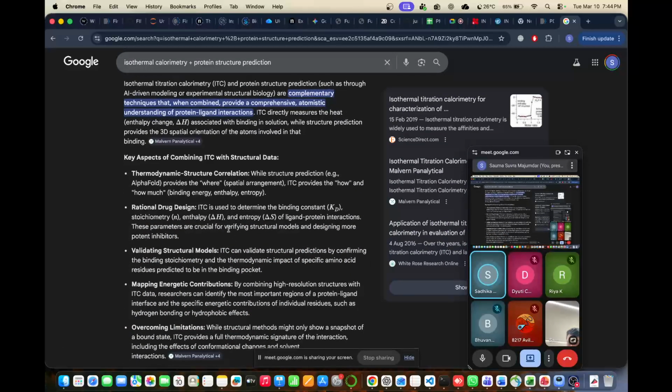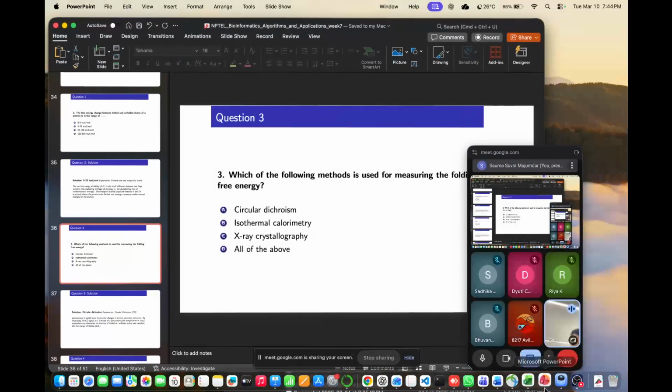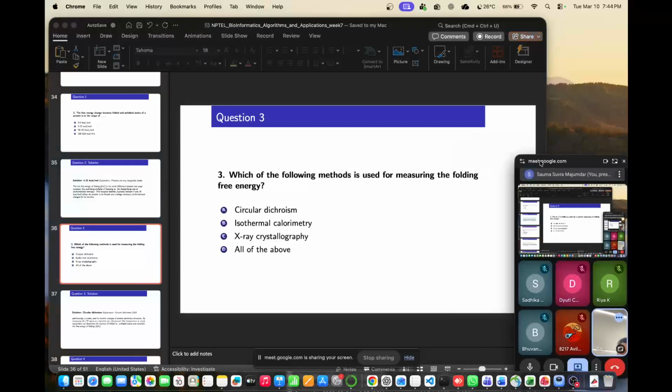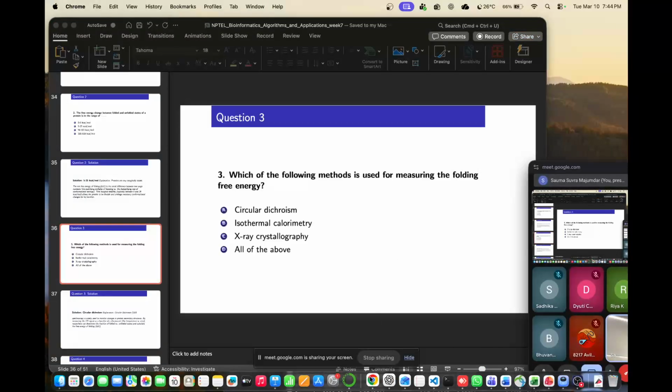That's why I think binding constant, enthalpy, entropy of ligand protein interactions, I think, yeah, this is used. It seems like it is used to check for delta H, the enthalpy, but I don't think it is used for checking free energy directly. It checks the enthalpy from what I can see.